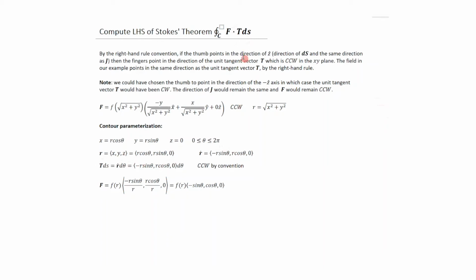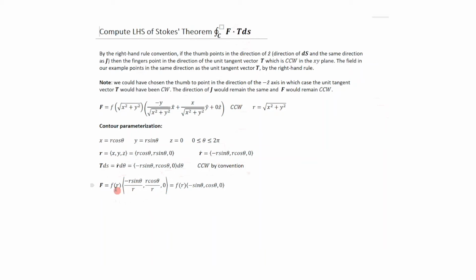We need t dS, so next thing we have to do is take the derivative of r with respect to the parameterization variable, which is basically theta. So this just becomes (minus r sine theta, r cos theta, 0). t dS will just be dr/dtheta times d theta, and so this is the expression, and this in fact is counterclockwise by convention, so we don't have to multiply by a negative sign.